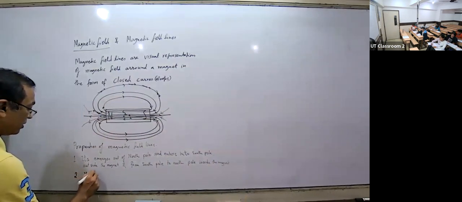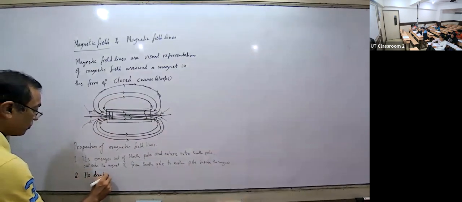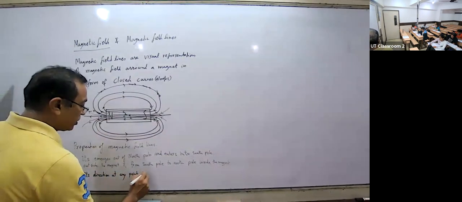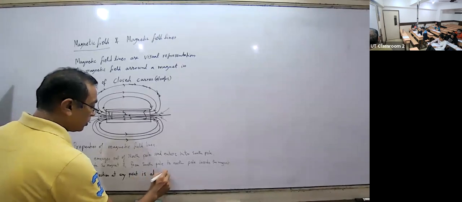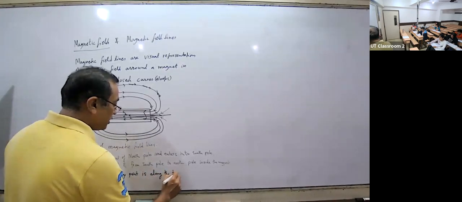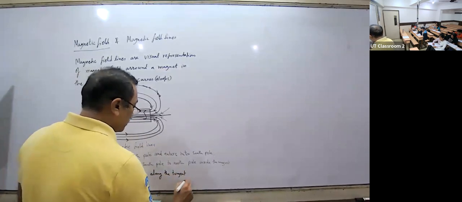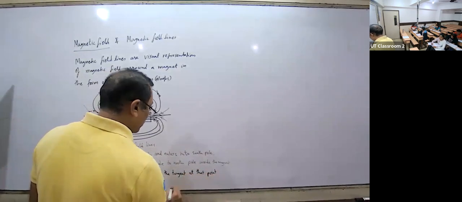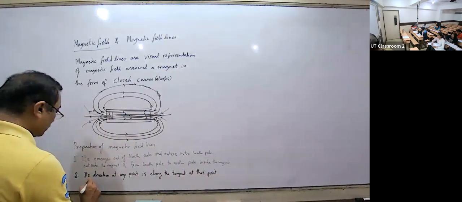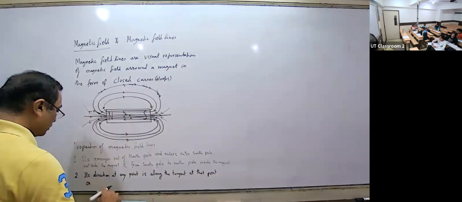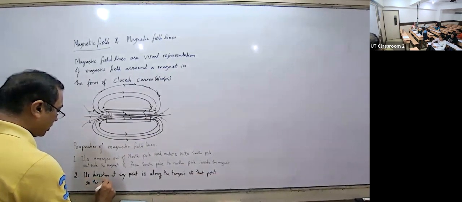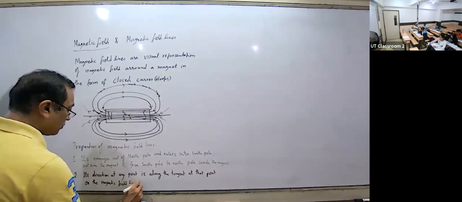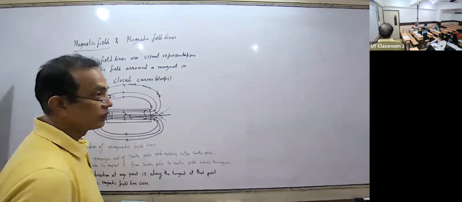Its direction at any point is along the tangent at that point on the magnetic field line curve. ठीक है?